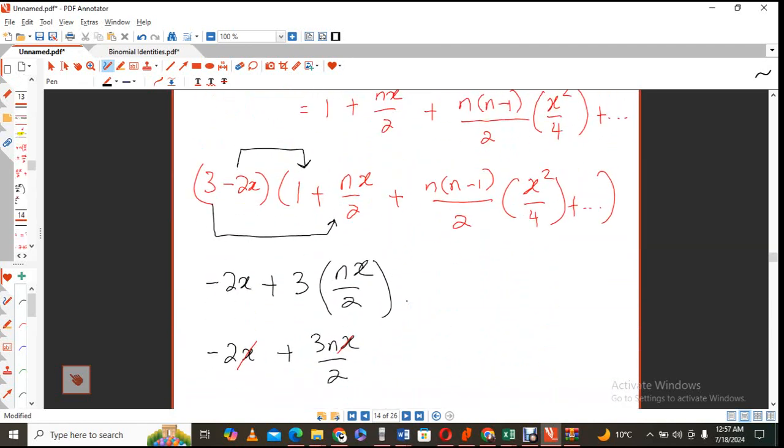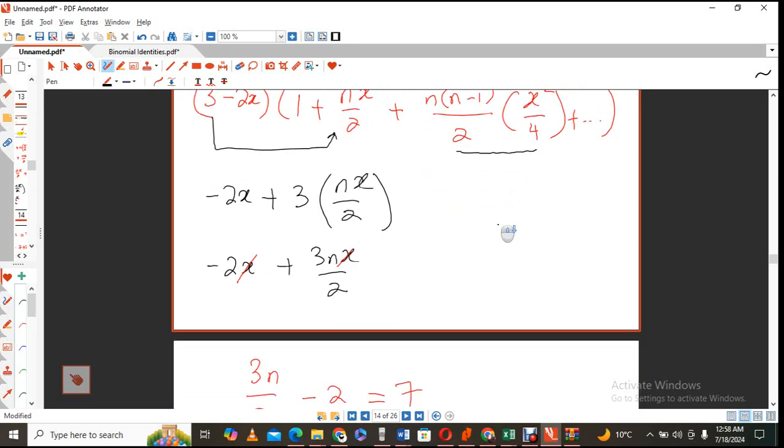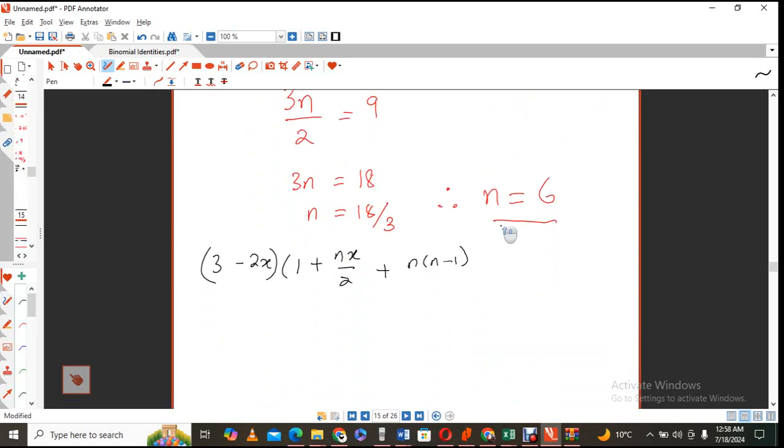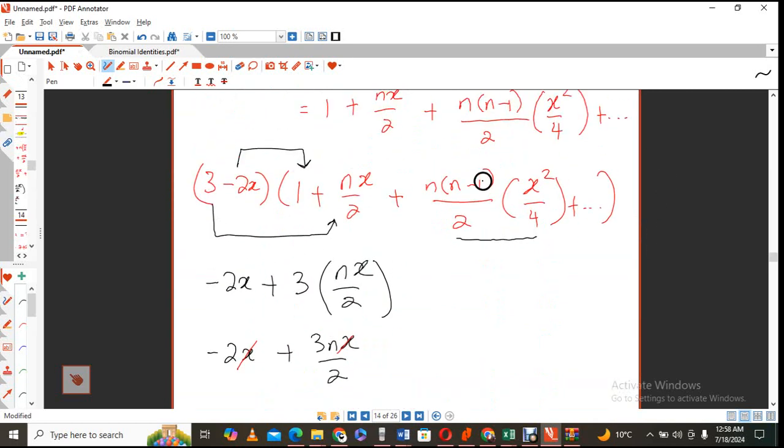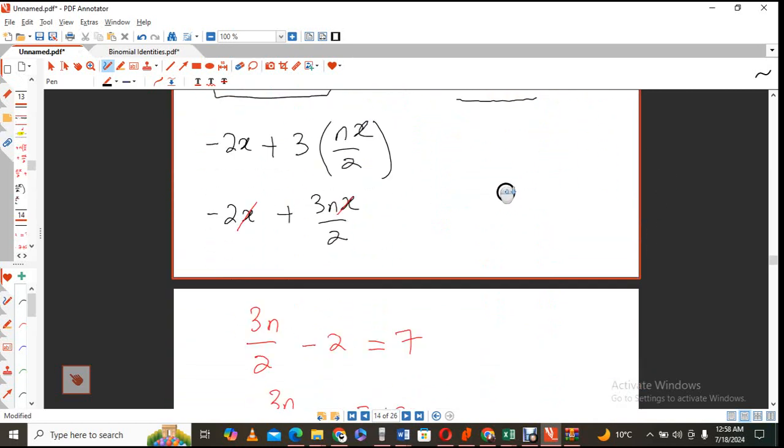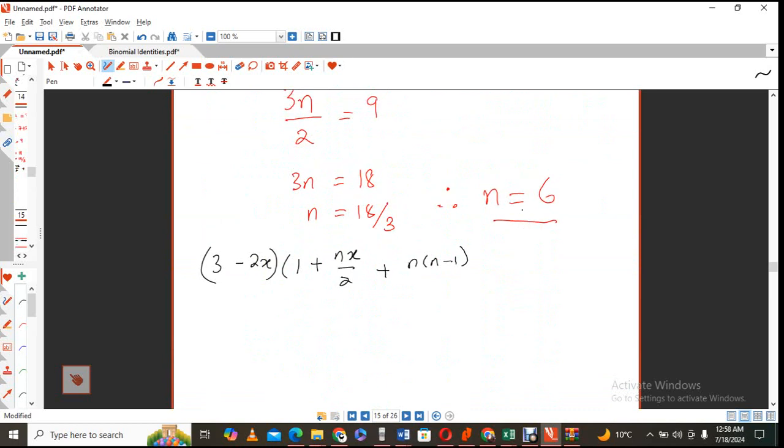This can still be written over 8, so n minus 1 is this part here, x squared over 8. Plus dot dot dot. That's where I'm going to end.